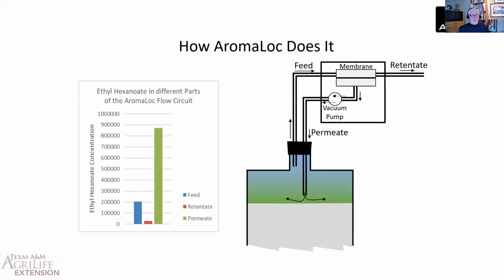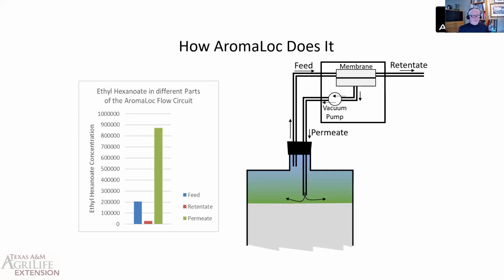I set up an Aromalock system and took samples of the gas in the feed, in the retentate, and in the permeate parts of the circuit, and took them to our local college, which has a gas chromatograph mass spectrometer set up and can measure aroma compounds. Especially in gases, it's fairly easy for them to do. Collecting them is another thing. It's not so easy to do and keep them from leaking as you drive into town with them.